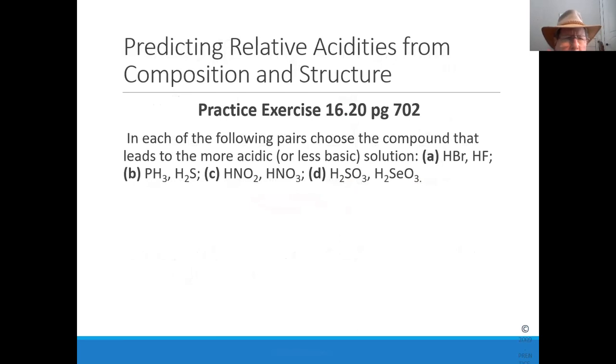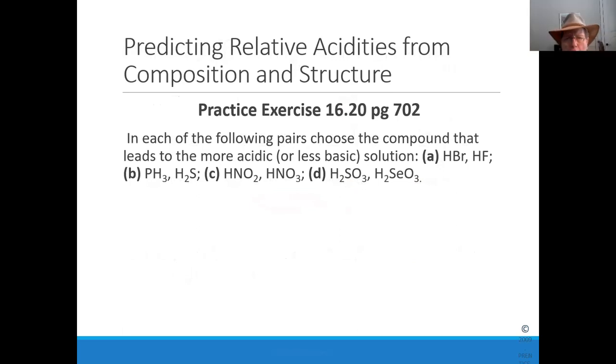Between PH3 and H2S, Leonardo, which one? These are both binary acids. Identify which element, either the P or the S, is more electronegative, and then tell me which is the stronger acid. Leonardo. S is more electronegative.